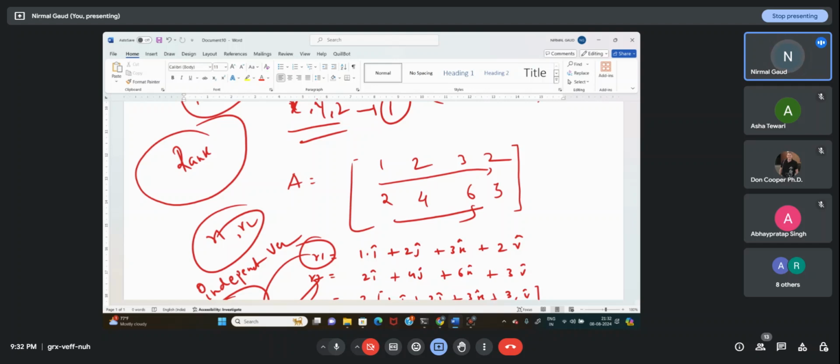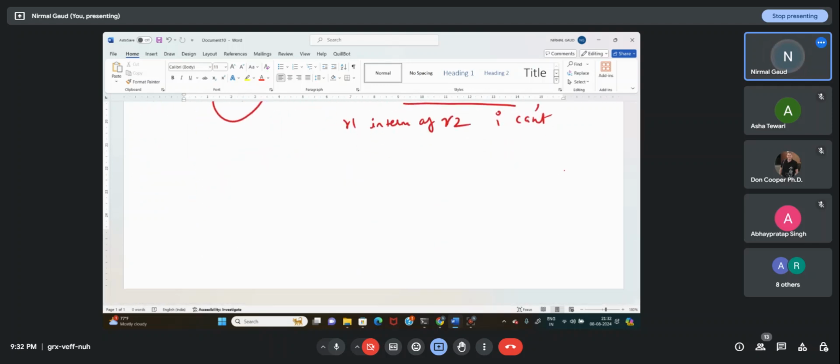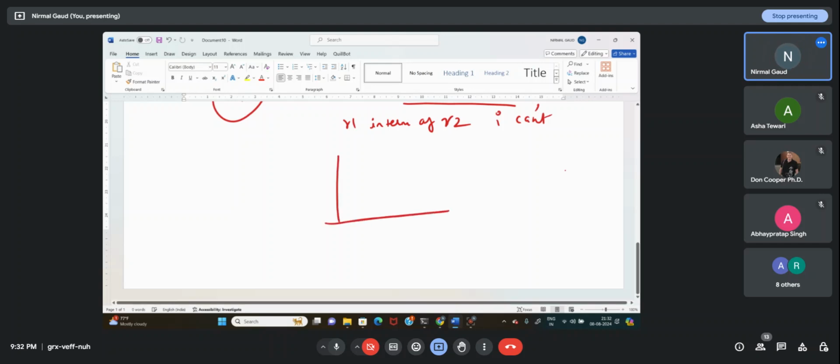This sets the correlation. If you are having dependent vectors, then if I am representing any point, another point will also be present in the same line. So all these are correlated.